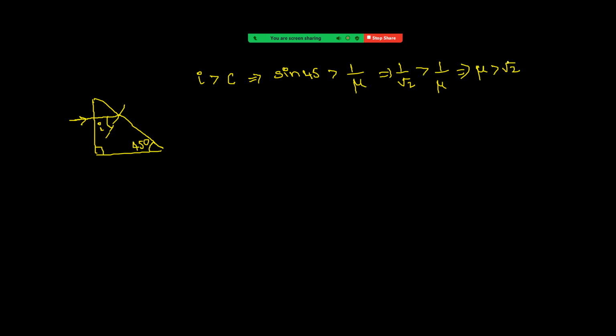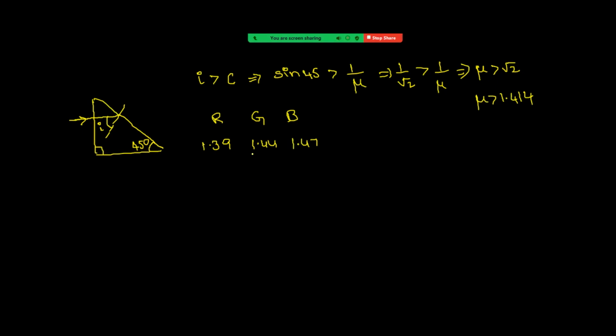Now see the values given. For red, green and blue, the corresponding refractive indices are 1.39, 1.44, 1.47. And we got the condition here: if the mu value is greater than root 2, those colors will undergo TIR, total internal reflection. Root 2 means 1.414, right?